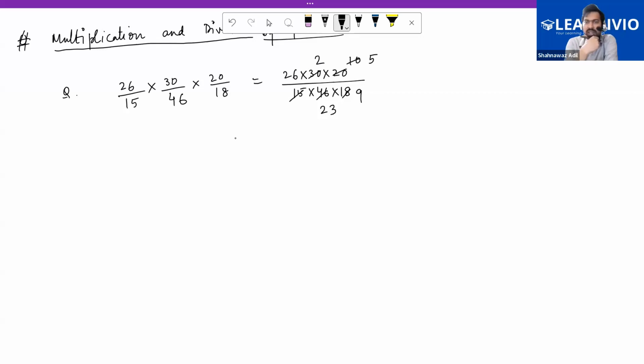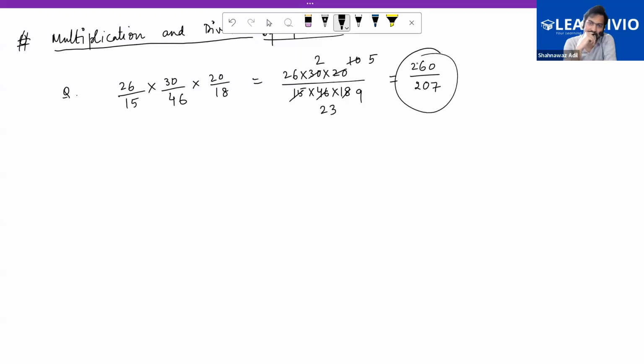Is there anything else that we can simplify? Nothing can be simplified, right? There's no common multiple, so we multiply the numerators and denominators together. So 5 into 10, that is 260, divided by 9 into 27, 9 into 18, and 220. So this would be the final answer.